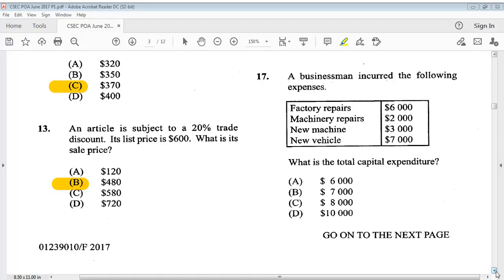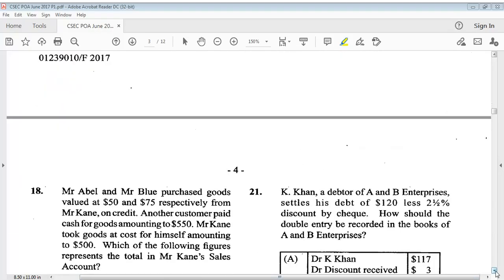We know capital expenditure is when a business spends money to buy or add value to a fixed asset. So looking at this, the new machine and new vehicle would be our capital expenditure. When we add those two figures, $3,000 plus $7,000, we get D, $10,000. Let's go on to number 18.